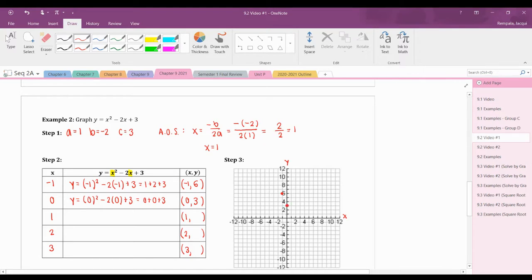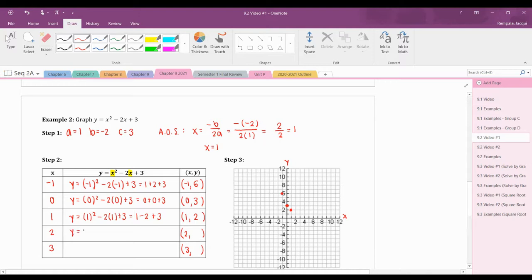I'm on the y-axis. If I plug in the number 1, I always plug it into the parentheses. So square 1, I get 1. Negative 2 times 1 is negative 2, plus 3. So when I add those, we should get the number 2. So the ordered pair 1, 2. So 1 to the right and 2 up.